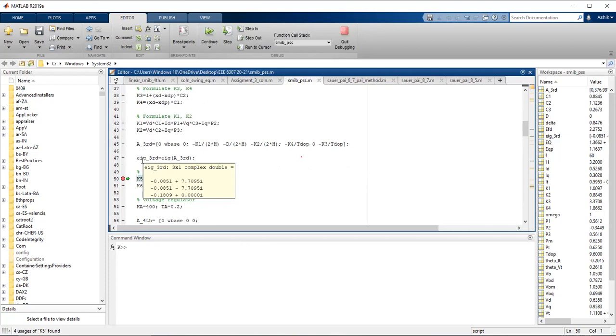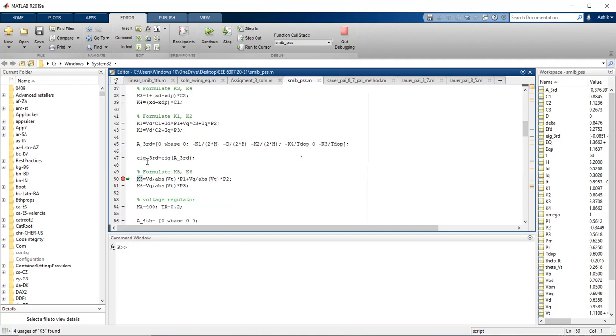Regarding stability, the scenario is the same. The system is still stable, but the complex pair of eigenvalues has moved nearer to the y-axis, and the real eigenvalue, the third one here, is actually moving away from the y-axis. So with the change in the operating point, your stability scenario and the dominant eigenvalues are greatly affected.